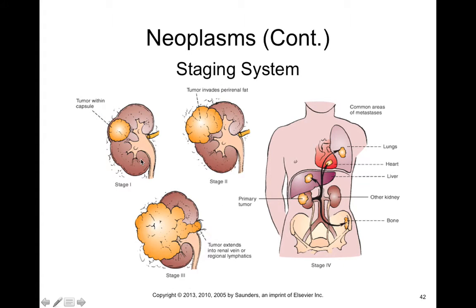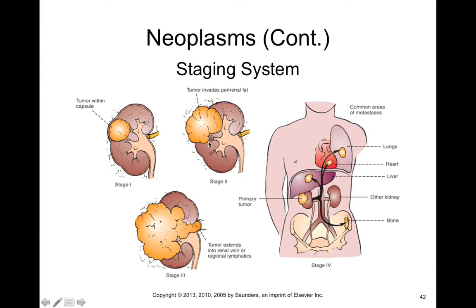Now, this slide shows the staging system, and remember, it's a 1, 2, 3, 4 stage system. Stage 1 refers to the fact that this renal cell carcinoma has started to grow within the tissue of the kidney, but is still contained within the renal capsule, and it hasn't invaded any nearby tissue. So this would be a stage 1 renal cell carcinoma.